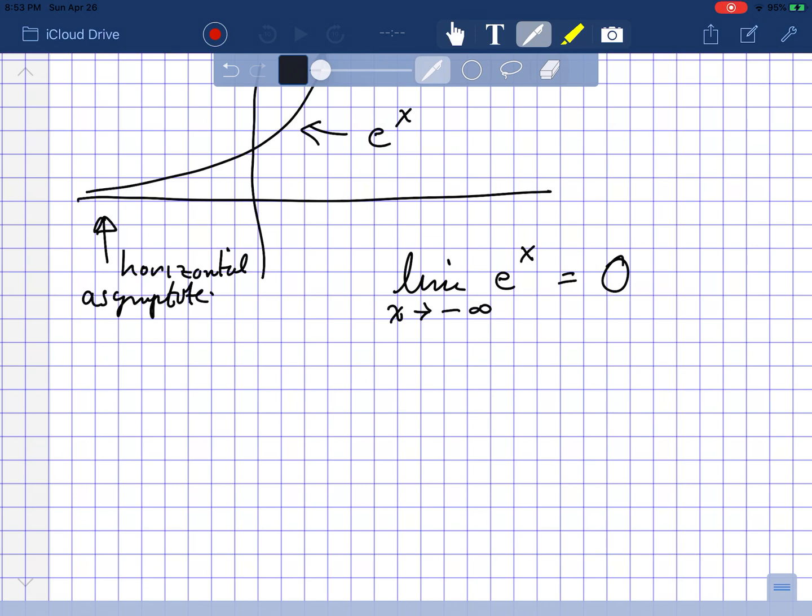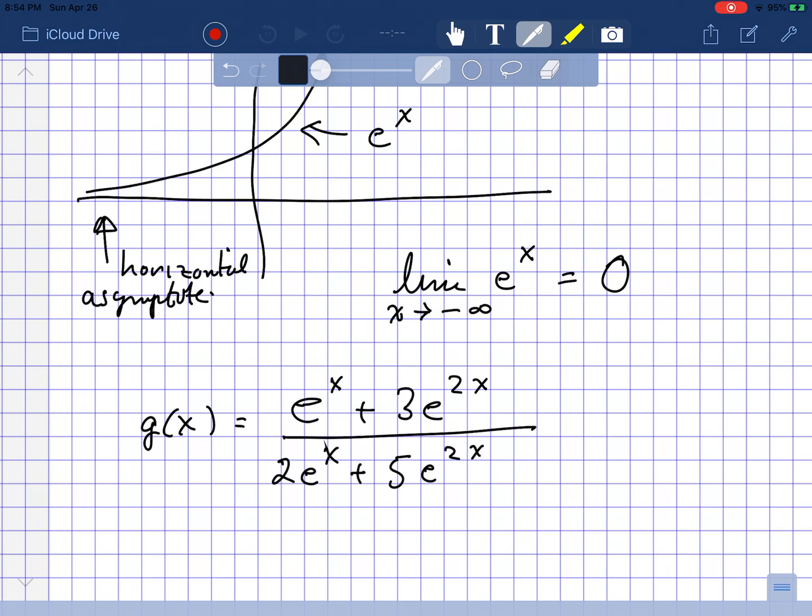So if I have a function, say that looks like this, let's say g of x is equal to e to the x plus 3 times e to the 2x divided by 2e to the x plus 5 times e to the 2x.